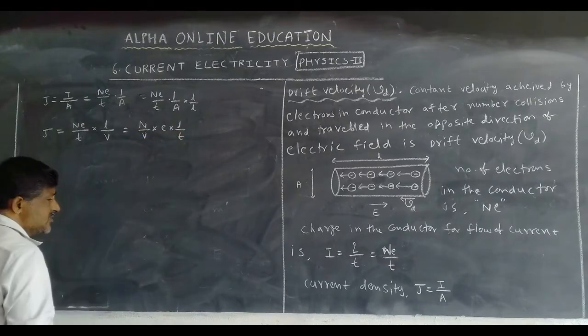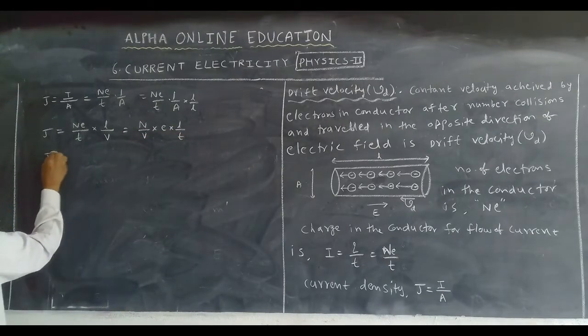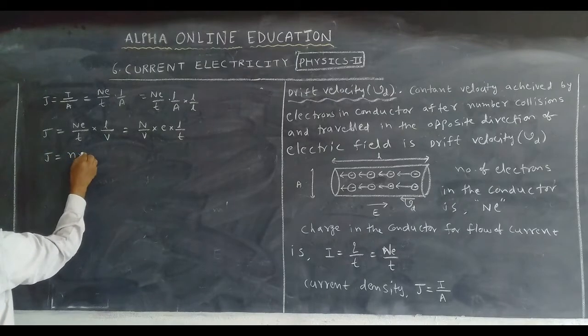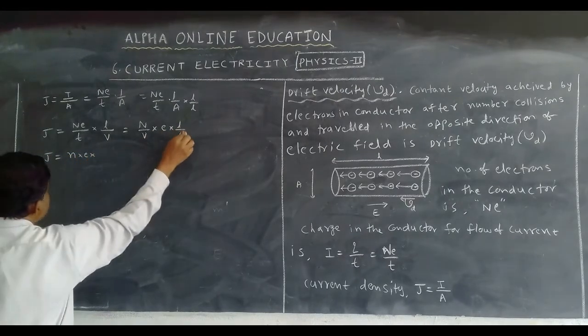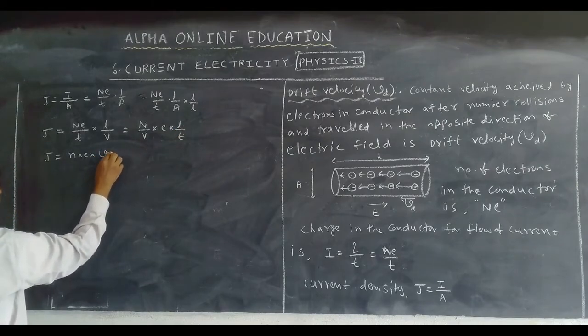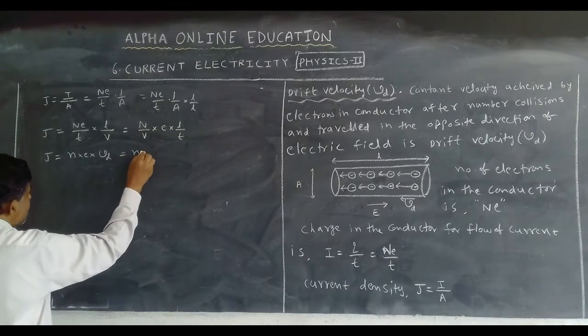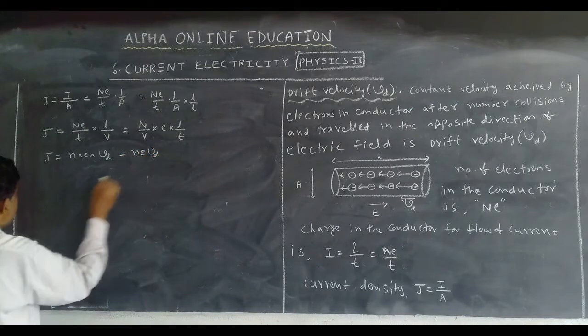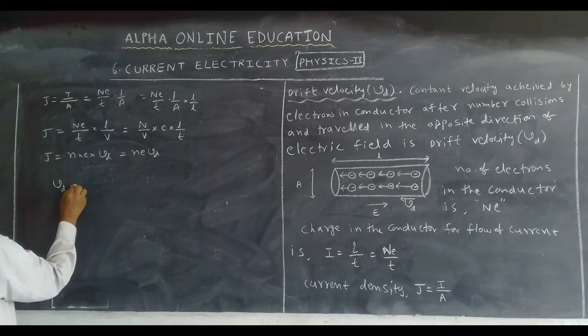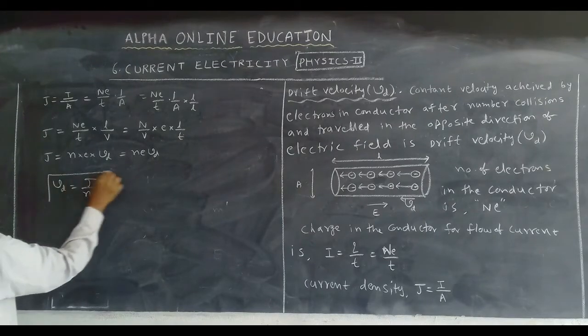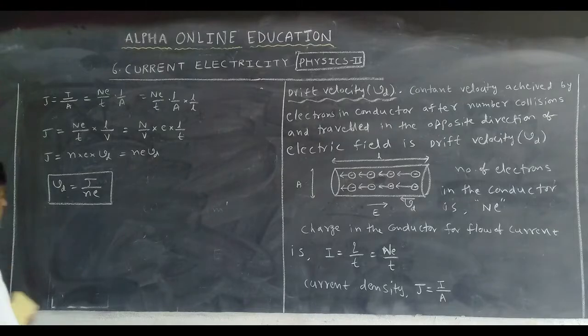Now J is equal to small n into e into length by time, which is velocity, but it is drift velocity, so we can write it like this. Now what is the equation for the drift velocity? Vd is equal to J by ne. This is the equation for the drift velocity.